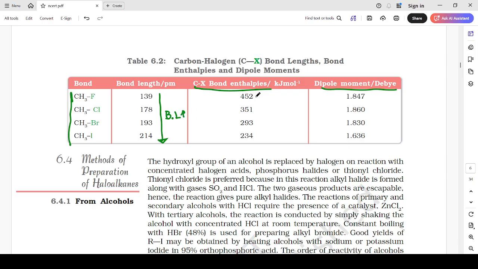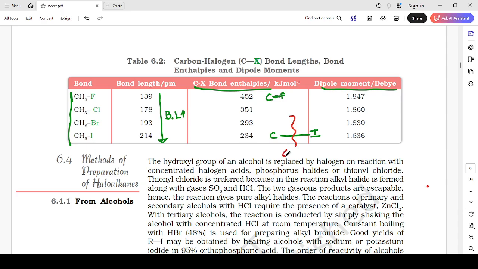Let us look at the bond enthalpy here. What do you mean by bond enthalpy? The amount of energy that you should supply to break the bond between them. We just now mentioned carbon and fluorine are very close with each other, intact. But carbon and iodine are distant away from each other. So why do you need to spend so much energy in breaking them?